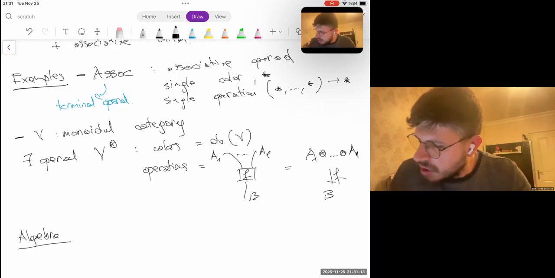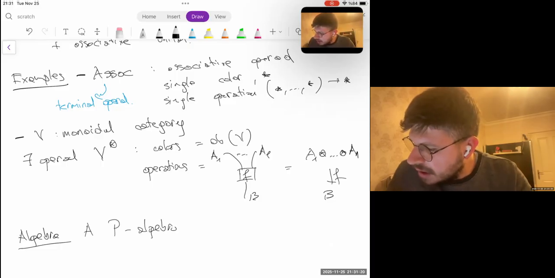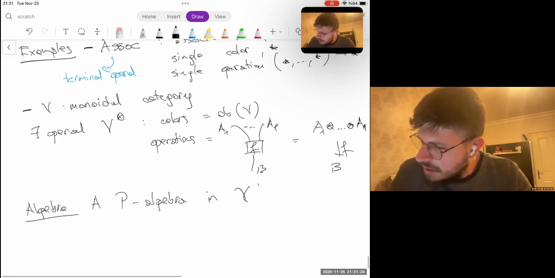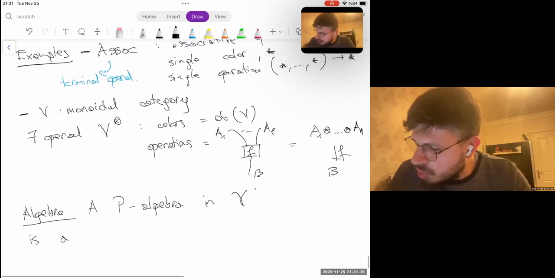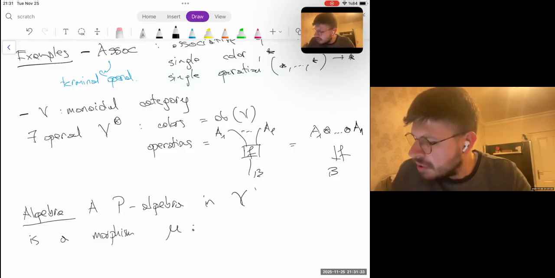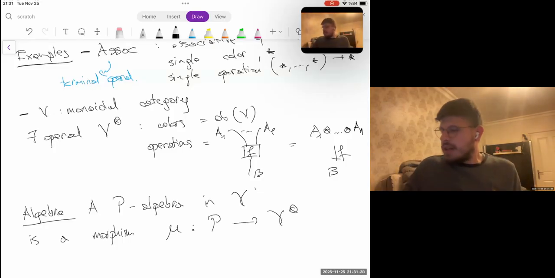And so we have a notion of an algebra. A P-algebra in V is a morphism, or an action, whatever you want to call it, from P into V tensor.